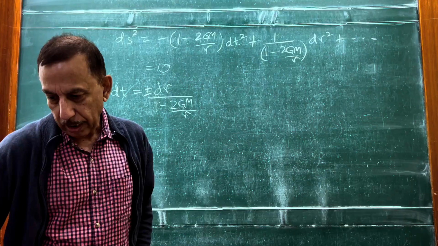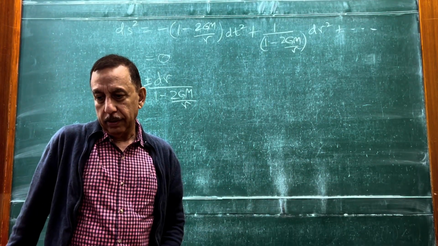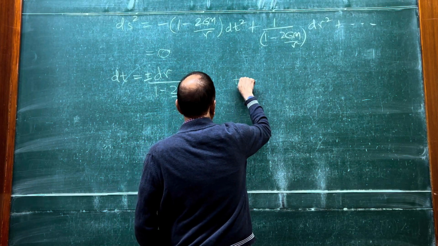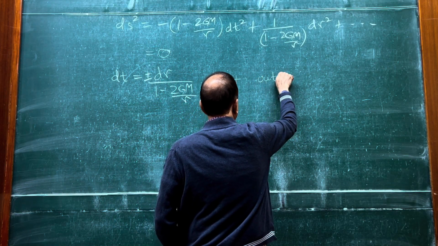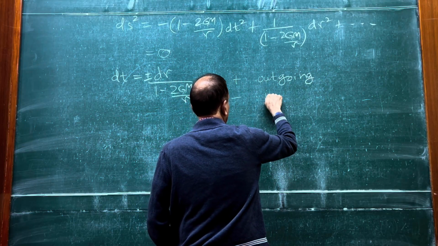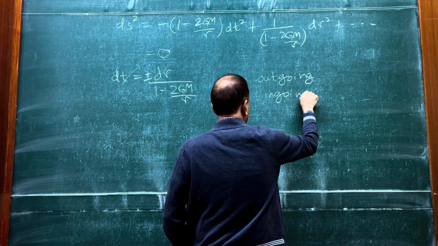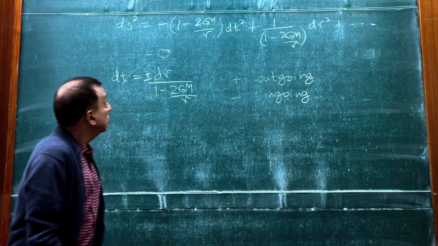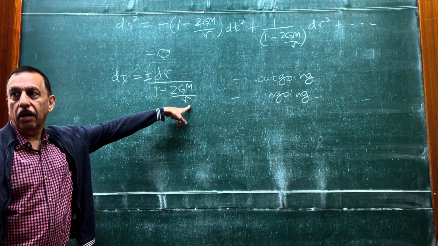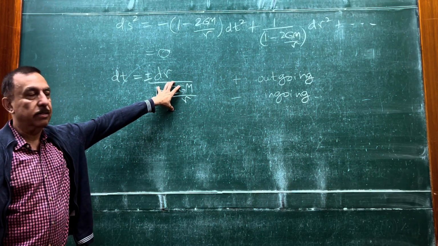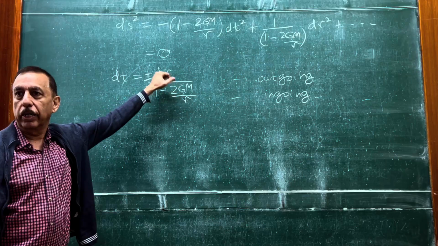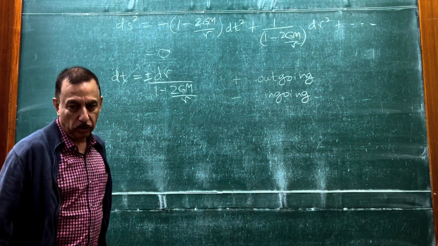In this case, plus is outgoing and the minus solution is ingoing. By the same logic, when r is very large, this factor is basically 1, and then dt equals dr is what we mean by outgoing, and with minus it's ingoing.